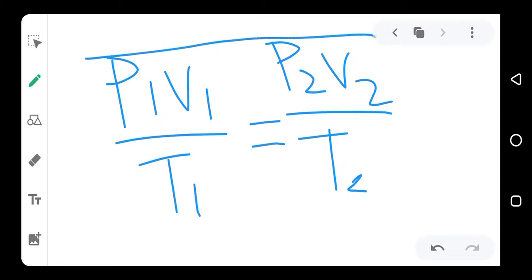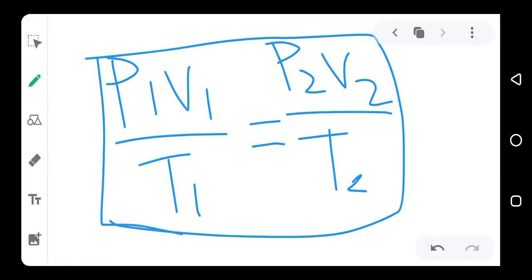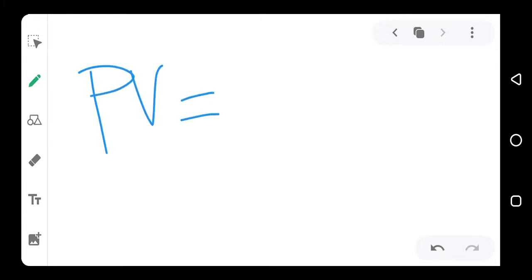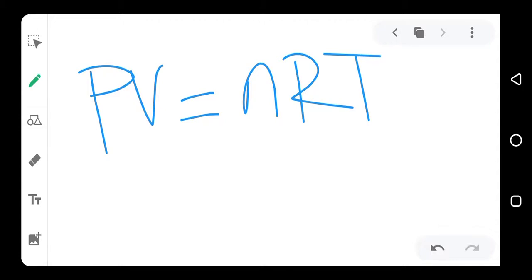This is the general gas equation. In this case, if we are given different pressure, volume, and temperature, then we can find the parameter that is missing by using this general gas equation. Now we have another equation which we call the ideal gas equation. The ideal gas equation states that PV is equal to nRT.